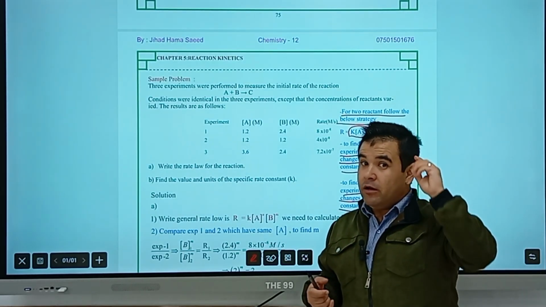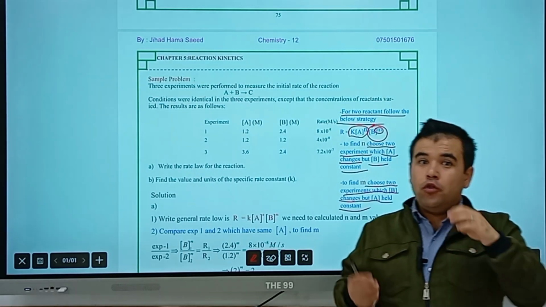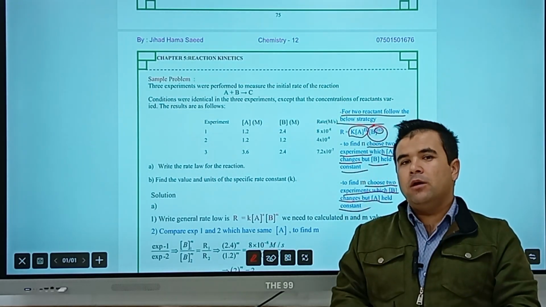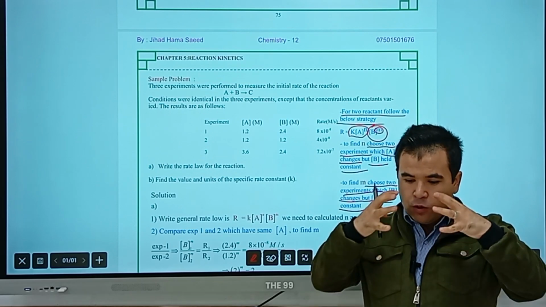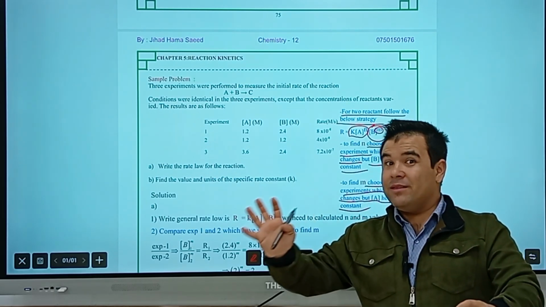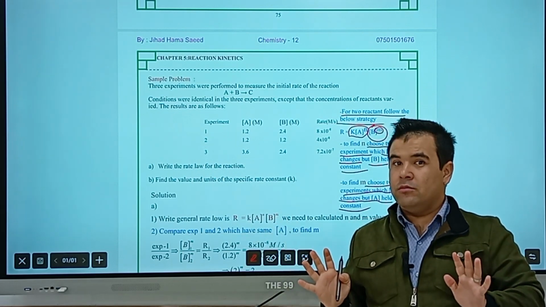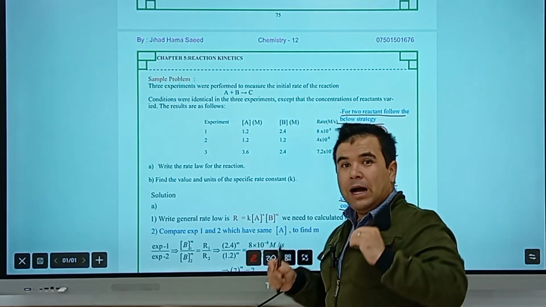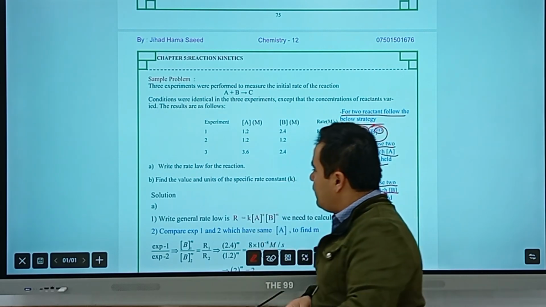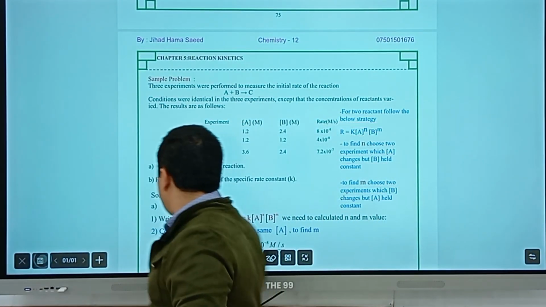So you have to choose those experiments in order to find the order of any reactant: choose those experiments in which the concentration of that reactant changes but the other is held constant. The other steps are the same as the previous type of questions.